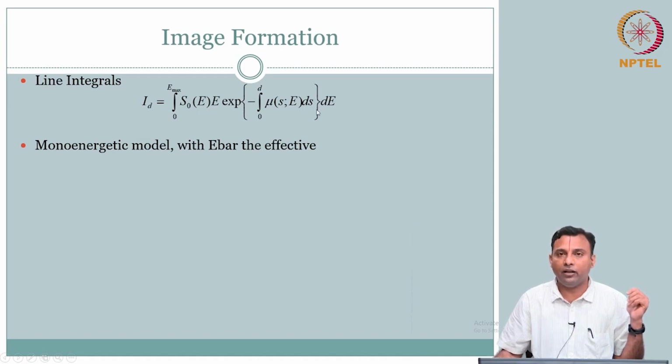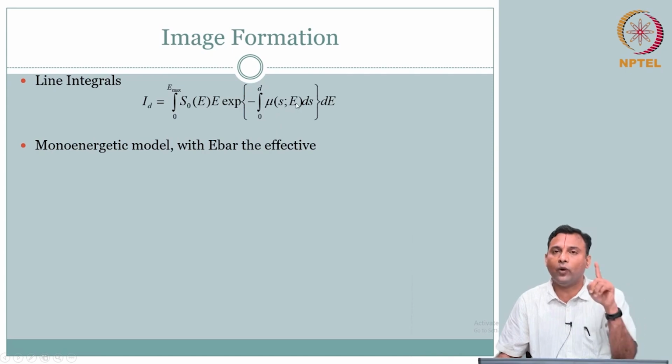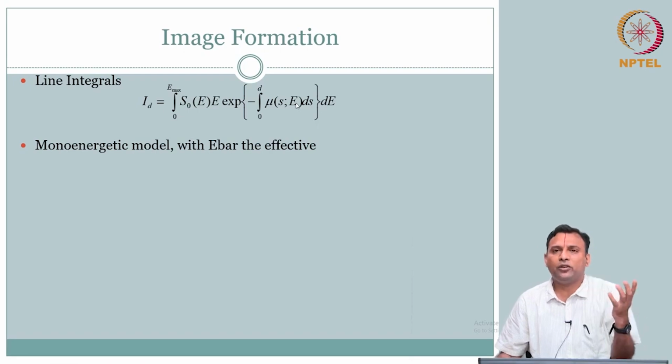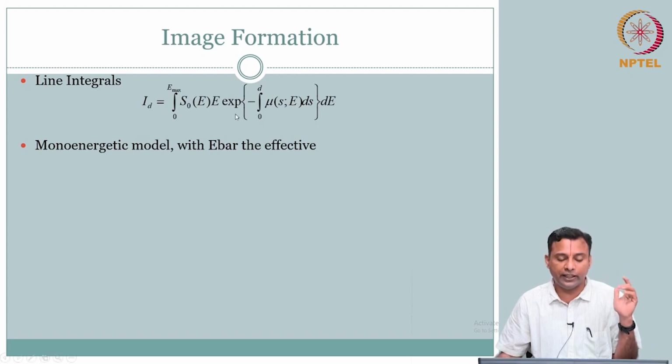So instead of using the two variables and two integrals, if I can use only one energy, we introduce the concept of equivalent, like your center of mass of the spectra. So we introduce this idea of E bar, the equivalent or the effective energy. So we can consider this as a monoenergetic model by using E bar instead of having every energy.